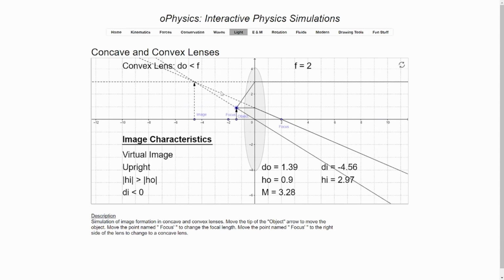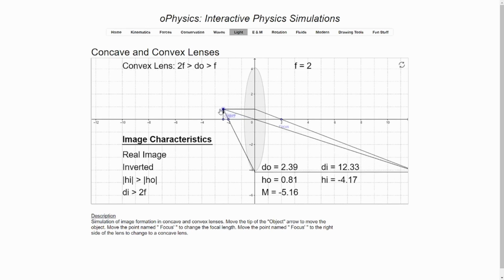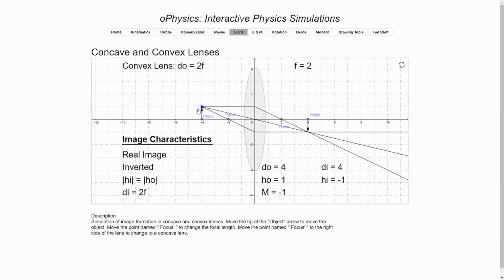And I told you these dotted lines indicate the virtual image, which is larger than the object. You can see this is also upright. Then this is the inverted condition.